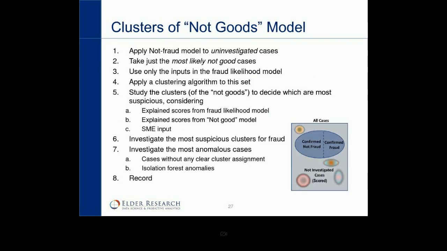So, this is what we do. This is sort of your recipe slide. I don't think I'm going to read the whole thing here, but this is kind of a recipe slide of how this gets done with this clusters of not good.